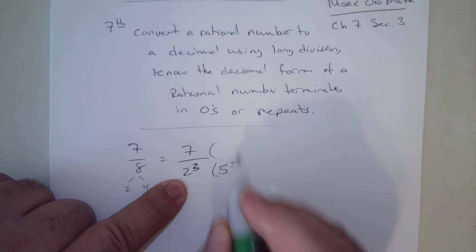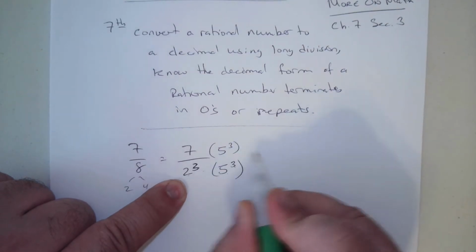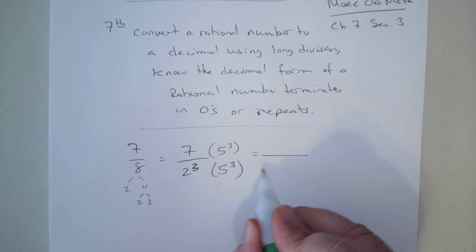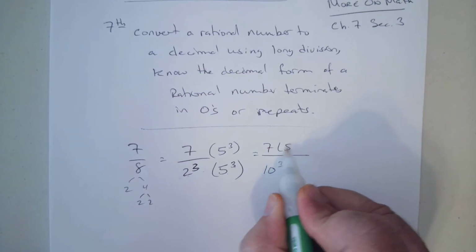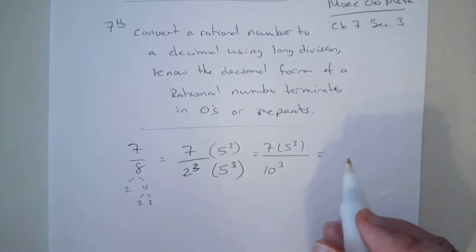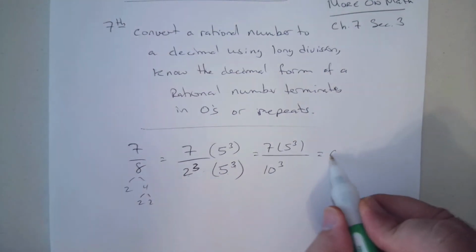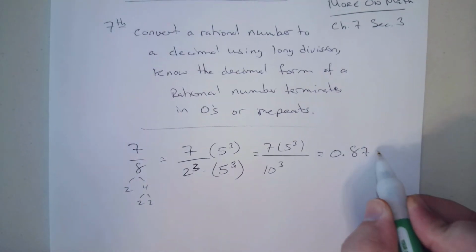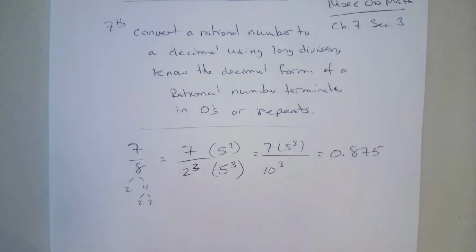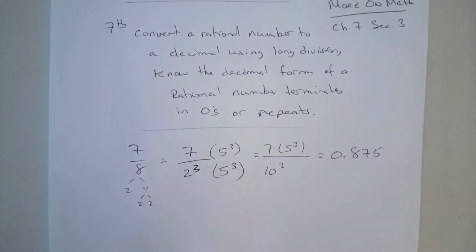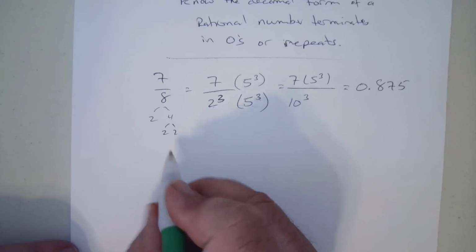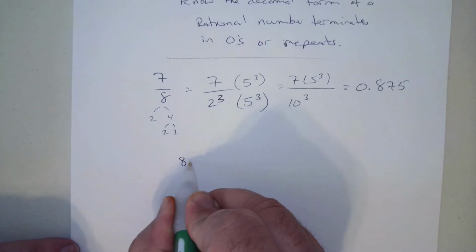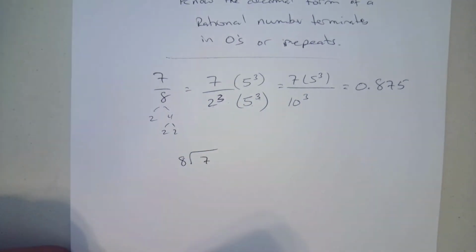They both had to have the same exponents. So we have 10 to the power 3, 7 times 5 to the third, and when we work it all out, we get 875. It's a terminating decimal. That's one way of doing it. We should also be able to teach the kids this method, long division.